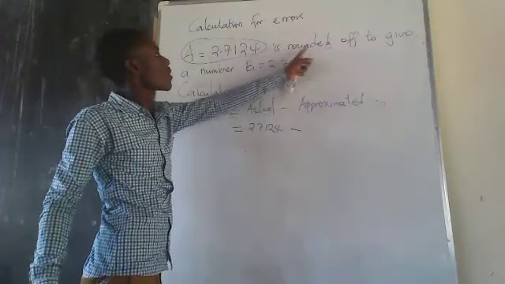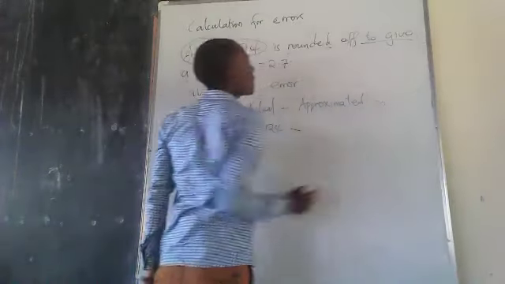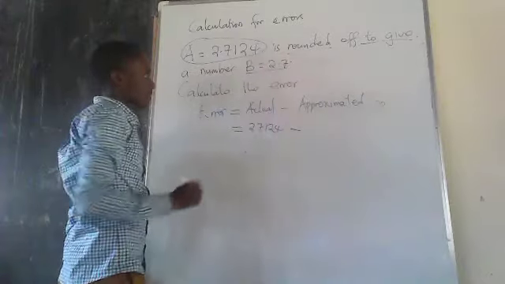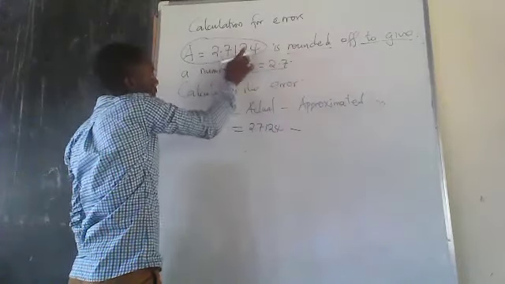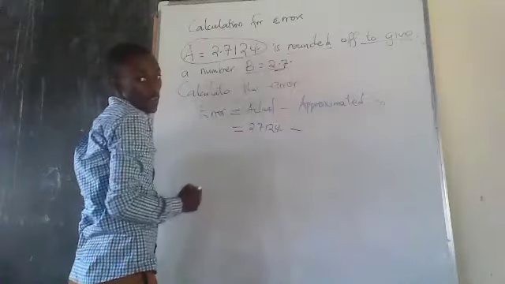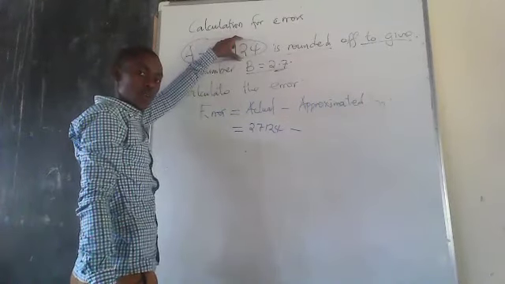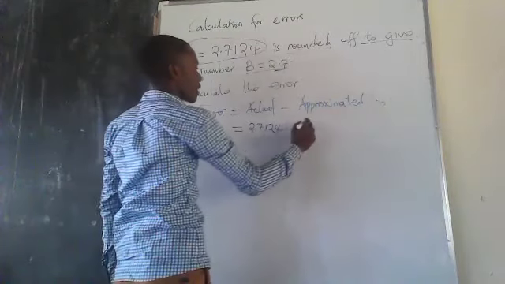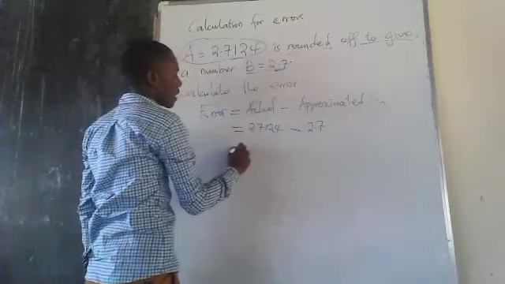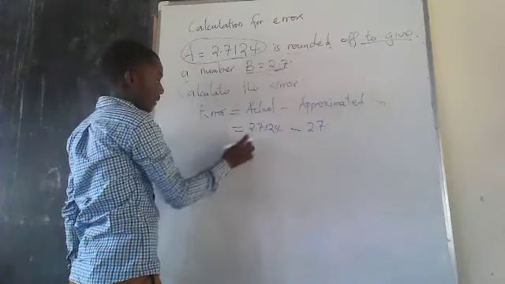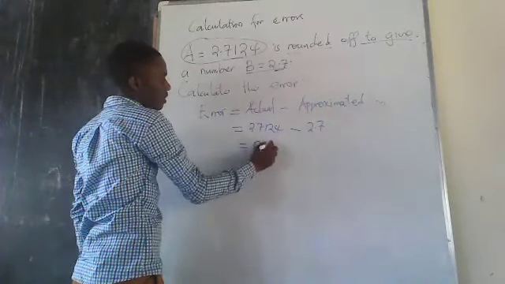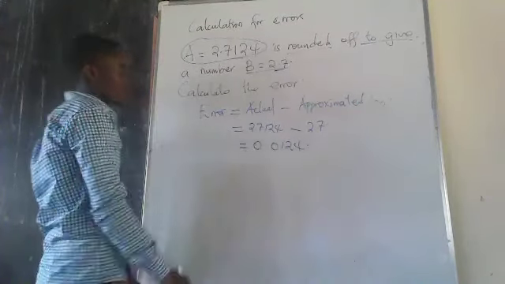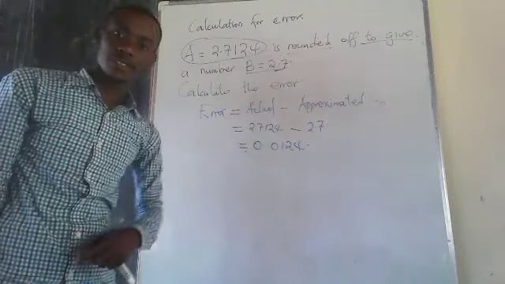So after rounding off, we got 2.7. This one has very many decimal places and this one has a few, meaning that this one was the actual before rounding off, and this one is the second after rounding off. So you're going to say minus 2.7. The answer that you get will be the error. This one minus this one, you're going to get 0.0124. So that's what we call our error.